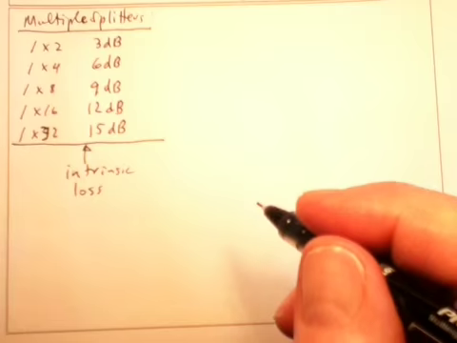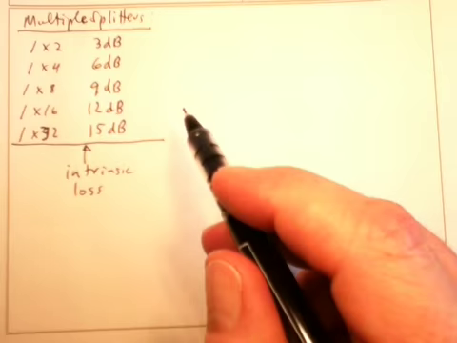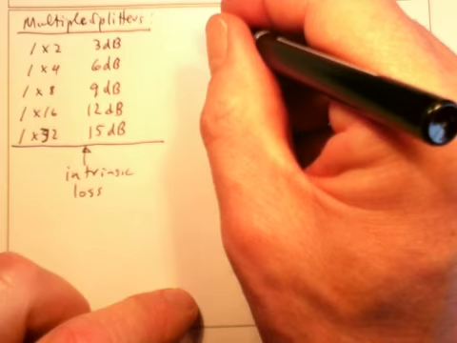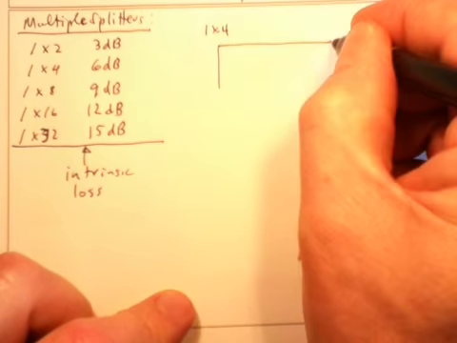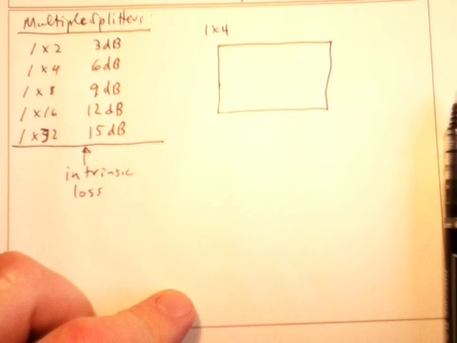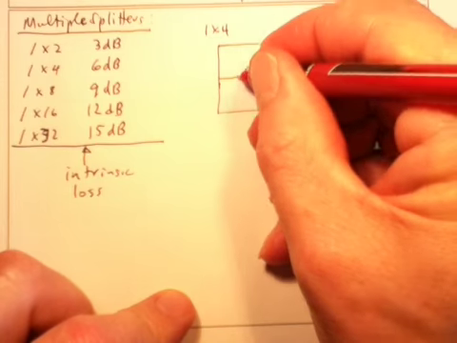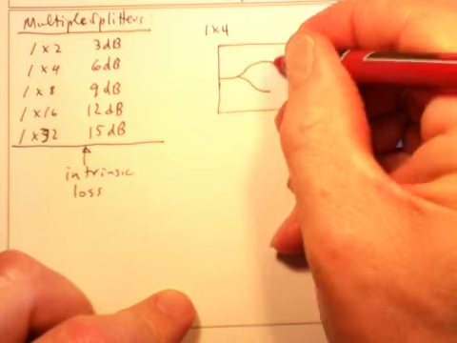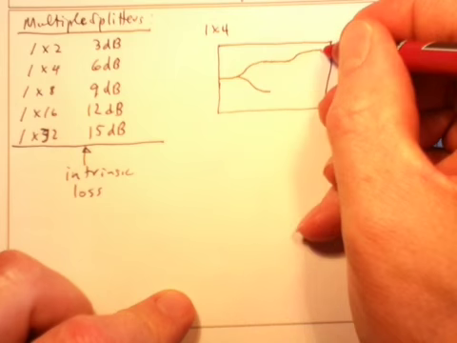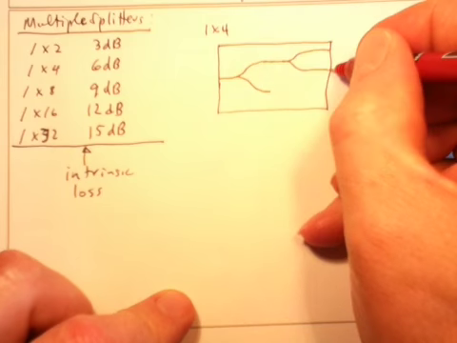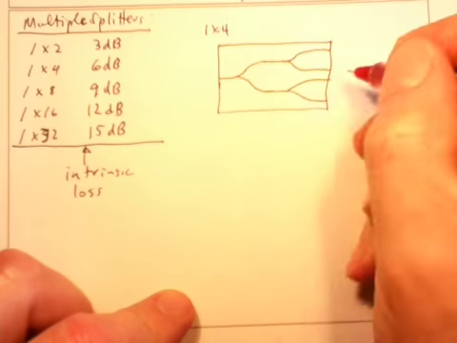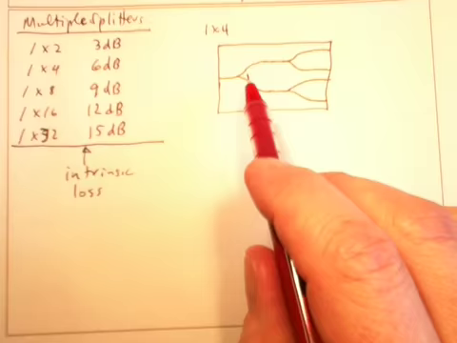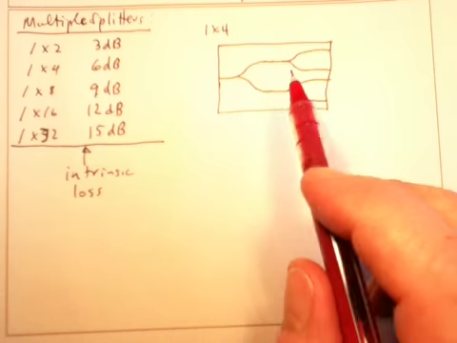Excess loss adds to all of that. And so, for example, a 1x4 is just a cascaded 1x2, something like this. So we've got 3 dB loss at each Y branch.